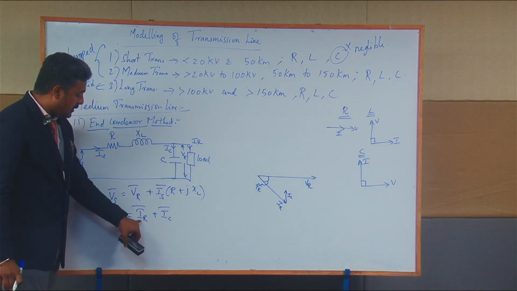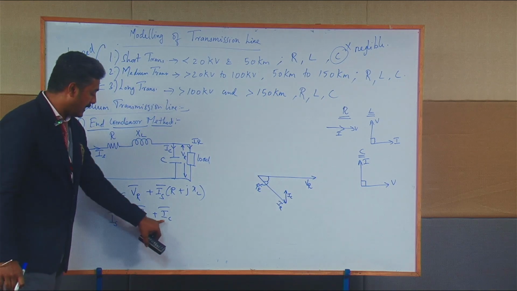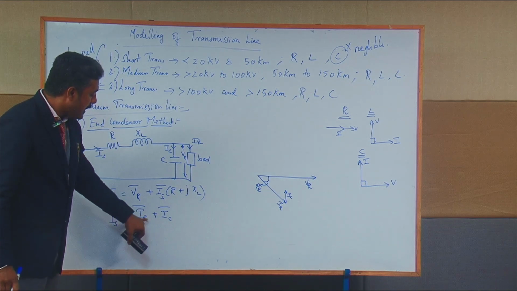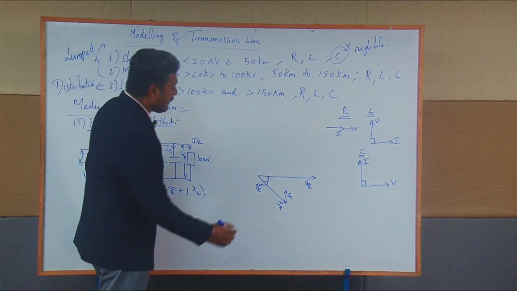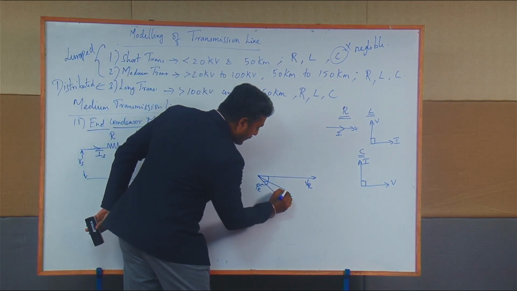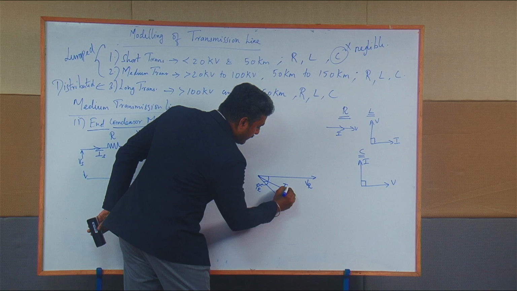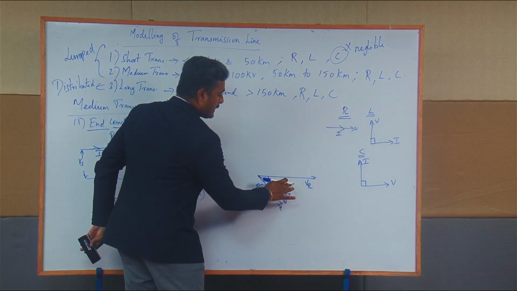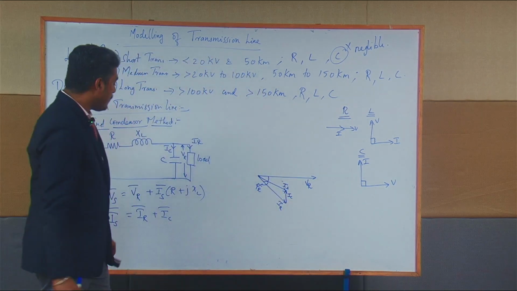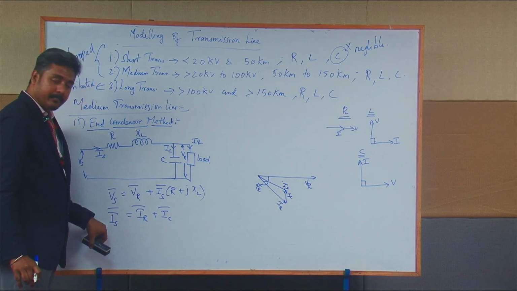Is vector is equal to what? IR vector plus IC vector. Therefore, the sum of the IR vector and IC vector will give you the Is vector. Now you have got the Is vector.